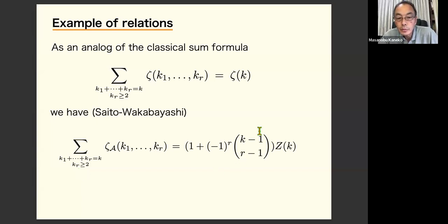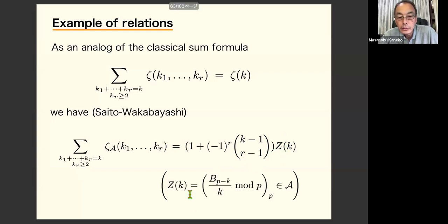It is equal to a simple multiple, in this case not a single value, but here comes this Z_k. Z_k is this one, the Bernoulli number B_{p-k} over k modulo p.